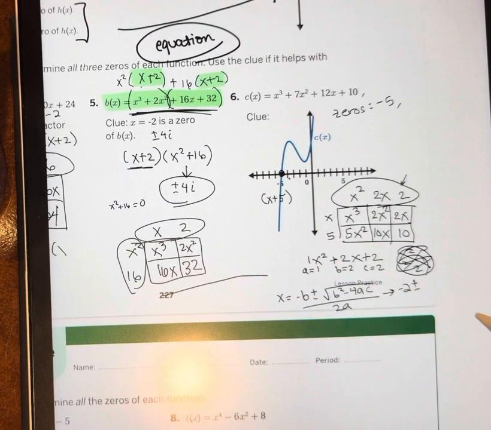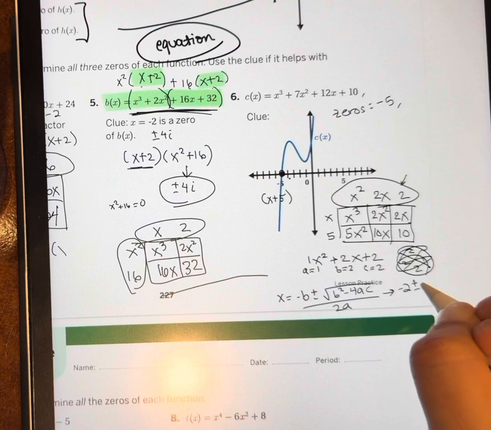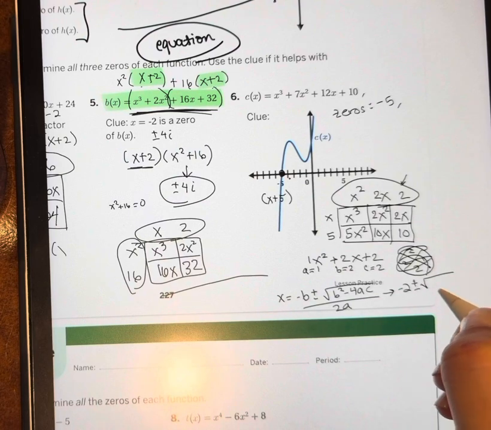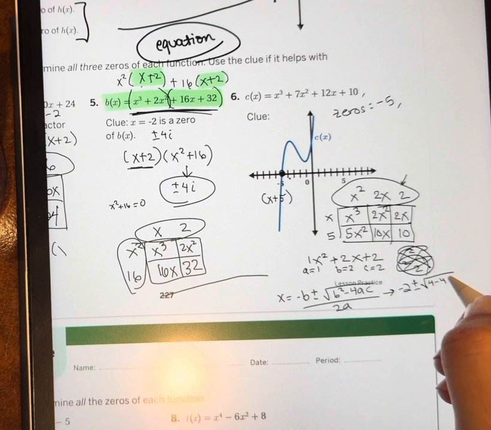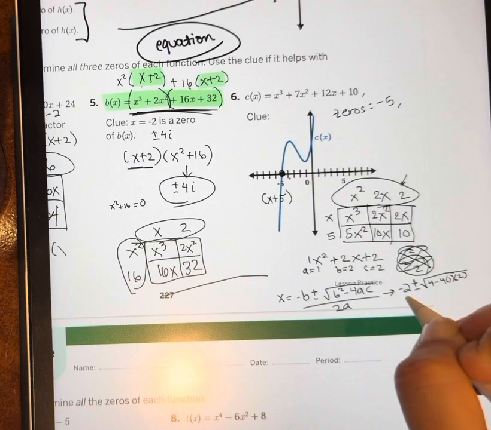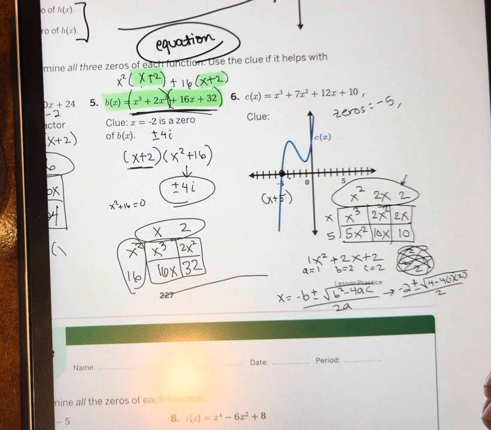So it's -2 plus or minus the square root of b squared, which is 4, minus 4 times 1 times c, which is 2, all divided by 2a, which is 2.